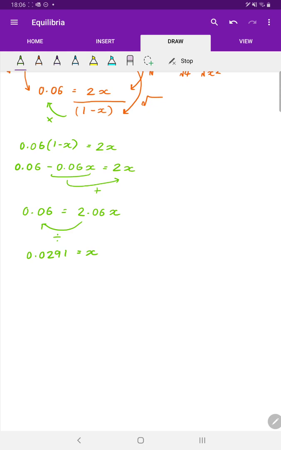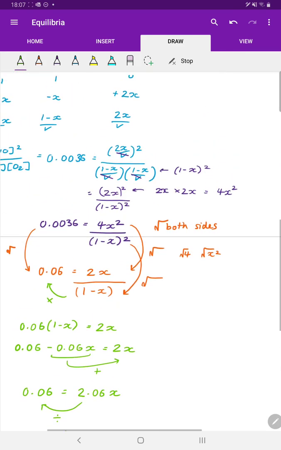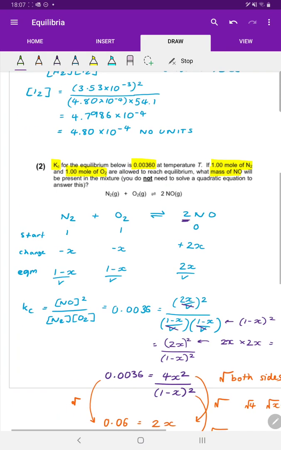But that's not what the question was. The question is what mass of nitrogen oxide was produced. Okay, so we've worked out x. Let's just go back up to our question for a second, for our start here. So our equilibrium moles of nitrogen oxide is 2x.